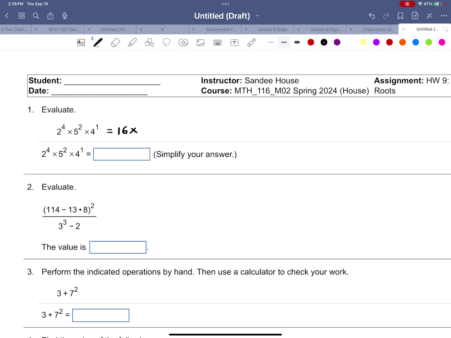Times 5 to the 2nd is 25, times 4 to the 1 is just a 4. And so we need to multiply 16 times 25 times 4, and that's going to give us 1,600. So our final answer is 1,600.